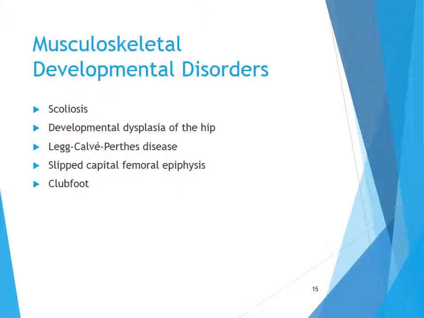When we talk about developmental dysplasia of the hip, the exact cause is unknown, but genetics may play a role. Risk factors are the firstborn child being female, breech position, and low levels of amniotic fluid. Manifestations and symptoms may vary according to age.